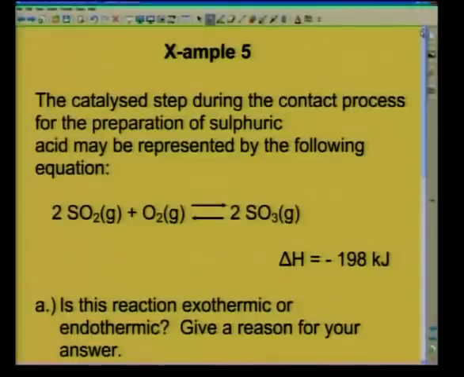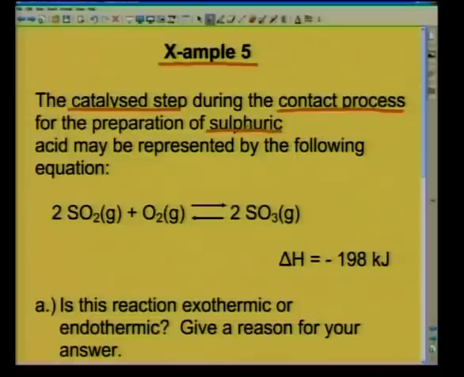Right, let's now look at example 5. Okay, example 5 says the catalyzed step during the contact process. Now you'll remember the contact process, the process that involves the manufacturing of sulfuric acid.